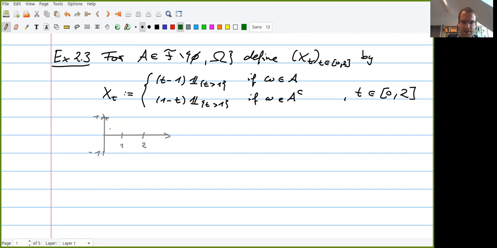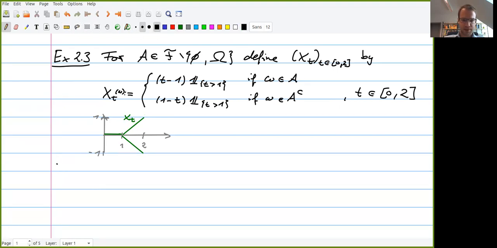My process then looks like this: the process is equal to 0 up to time 1, and then at time 1 it is either going up or going down, depending on whether my scenario omega is in the set A or not. This green line here is the process X_t.